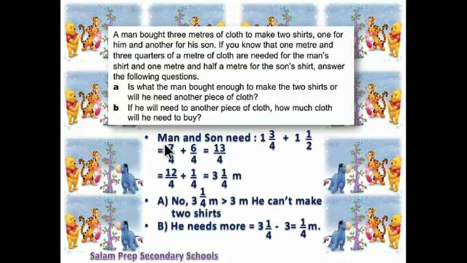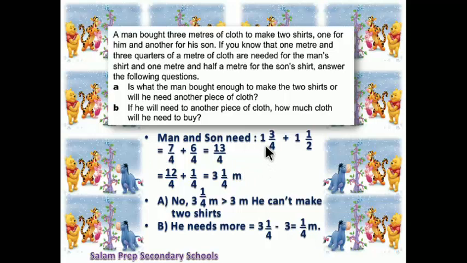The man needs 1 meter and 3/4. His son needs 1.5 meters. Now, the man and his son need 1.75 plus 1.5 equal.